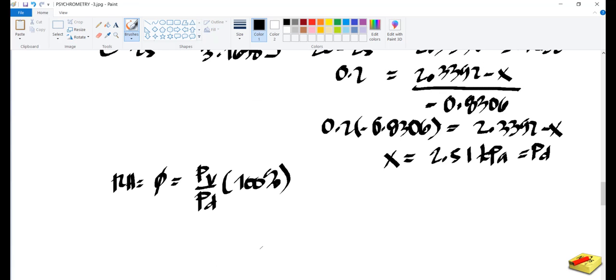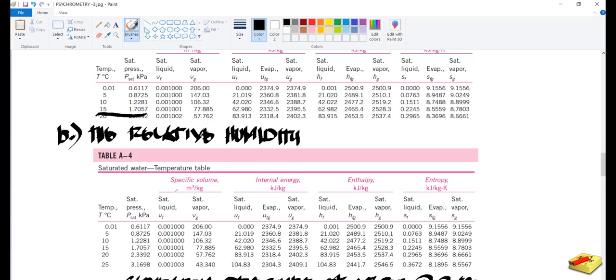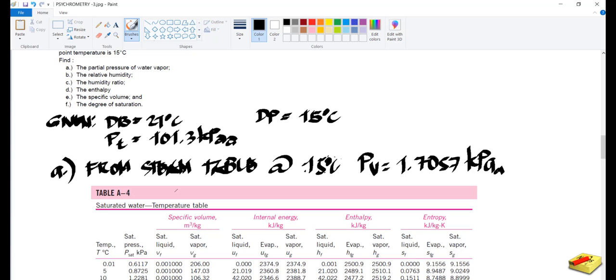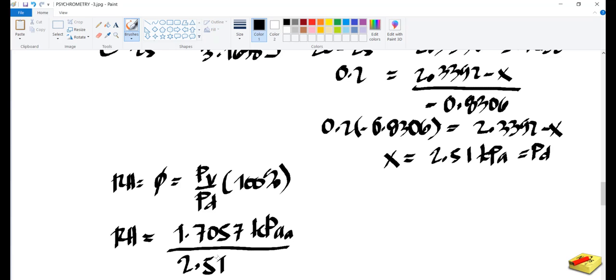So substituting, RH will be equal to, kanina we have 1.7057 kPa absolute divided by 2.51 kPa absolute also.